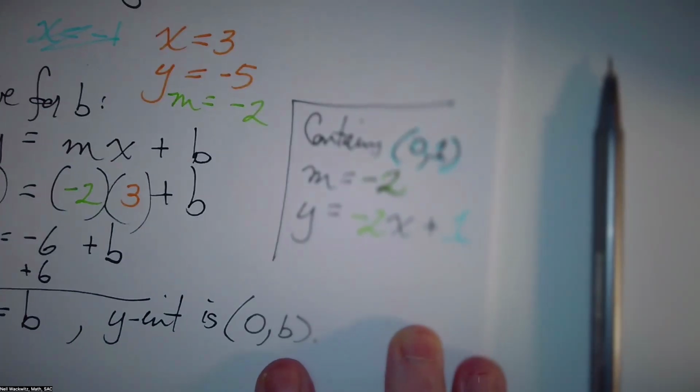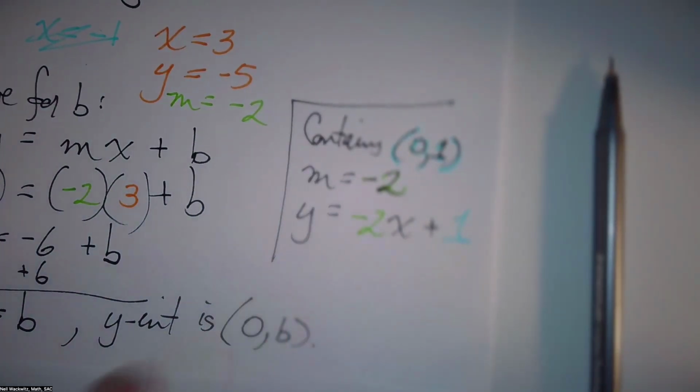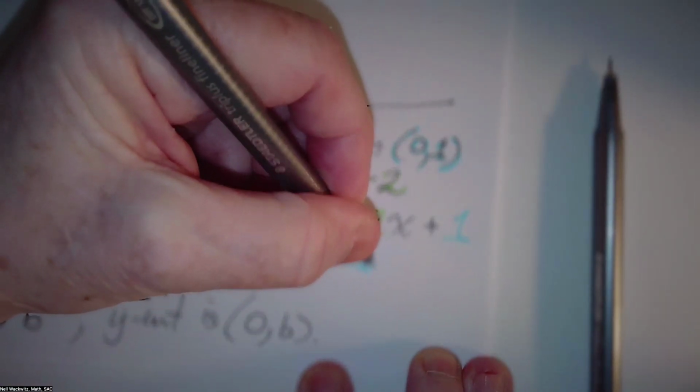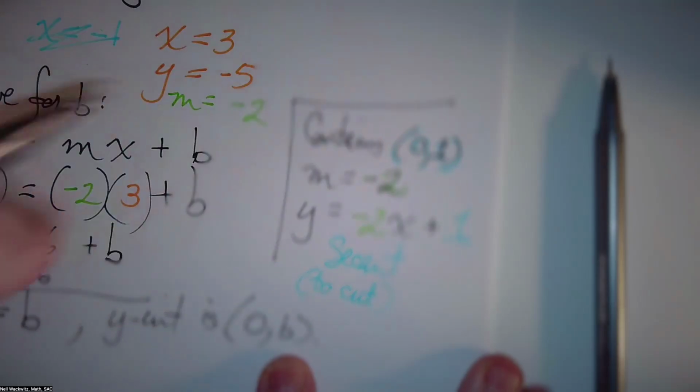There we go. So the equation of the secant line, secant means to cut or sever.